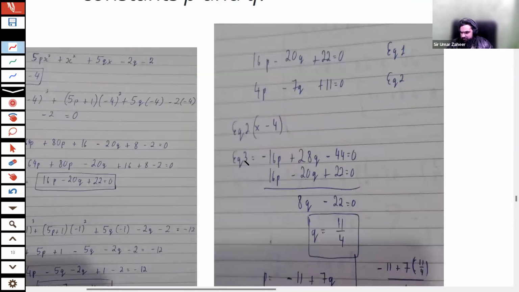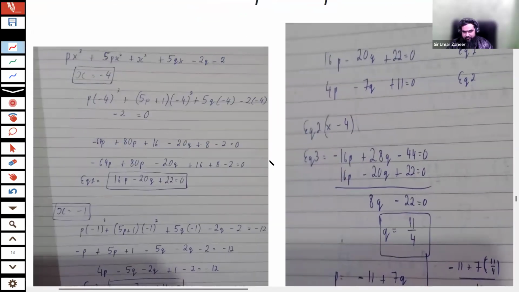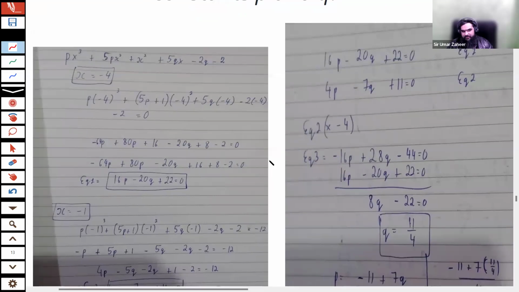You have done e raised to -4, 5 minus b square is 2 minus 4. Where is the rest of the values? -2q and -2.